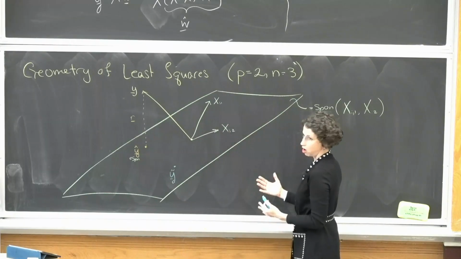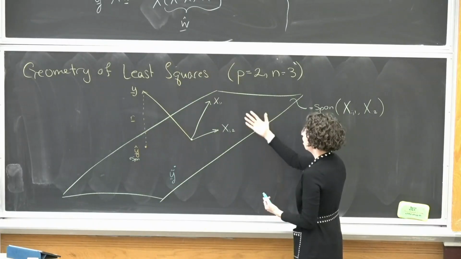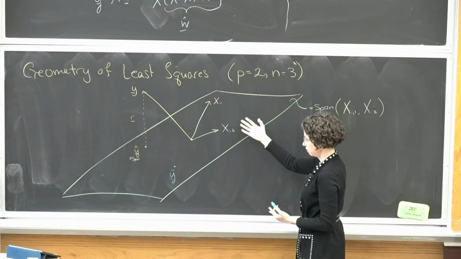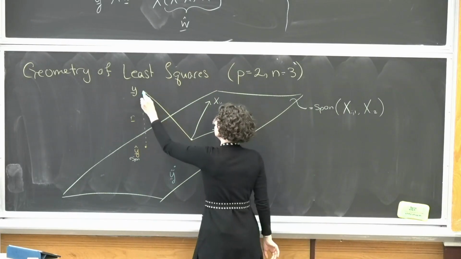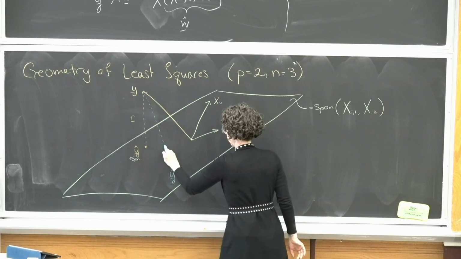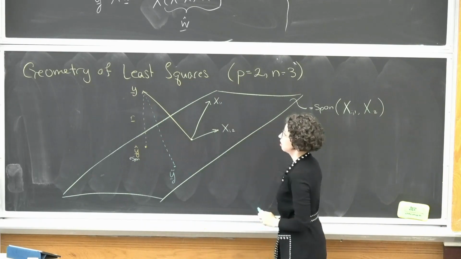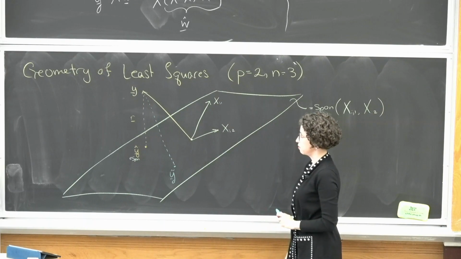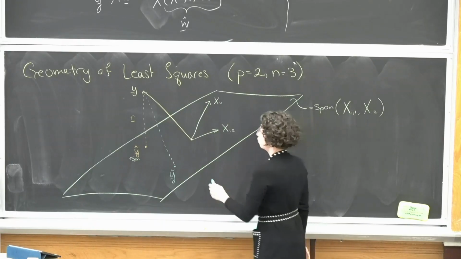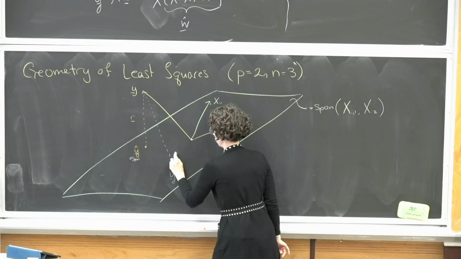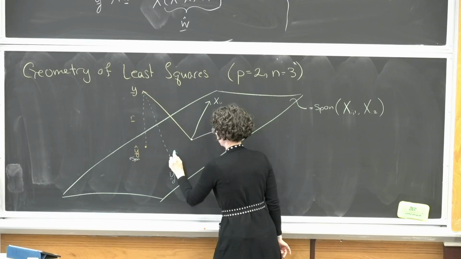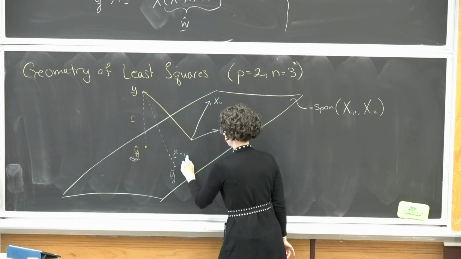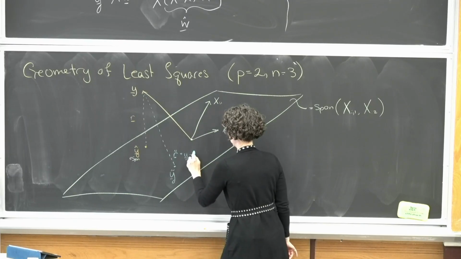It's also a weighted sum of these feature vectors, and it's got some distance from our true or training labels y. And so we're going to call that vector, the difference between y and y tilde, r tilde. So this is just y minus y tilde.